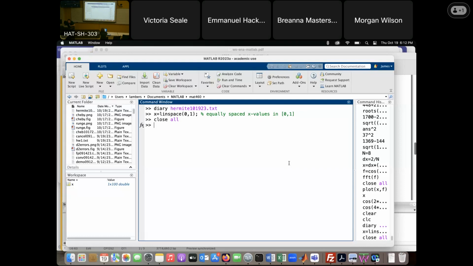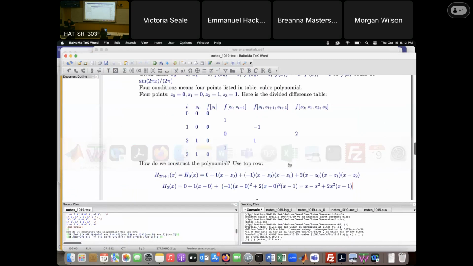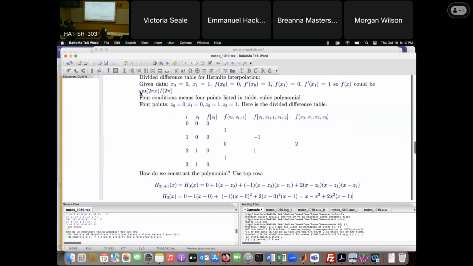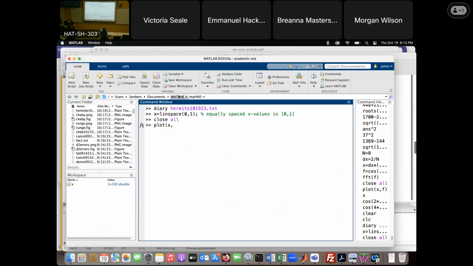And then I'm going to plot. My function that I want to plot, my f of x, is sine of 2 pi x divided by 2 pi. I'll plot that in blue, which is the default color anyway.